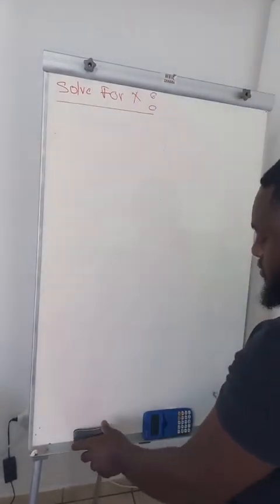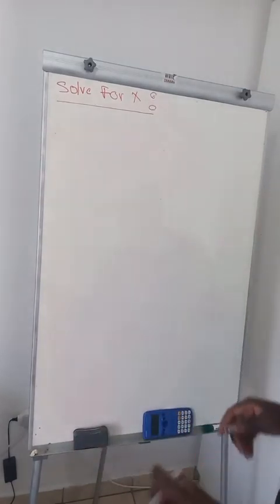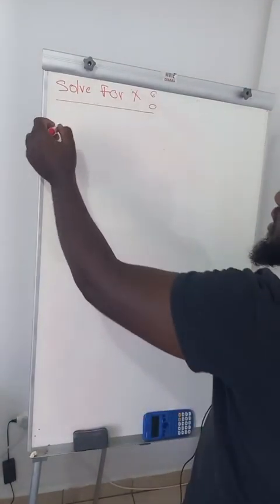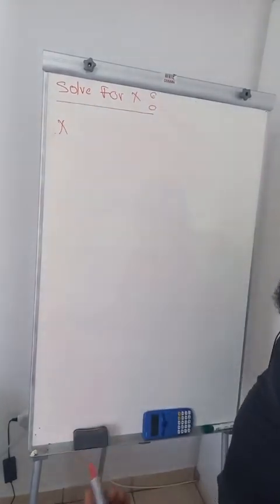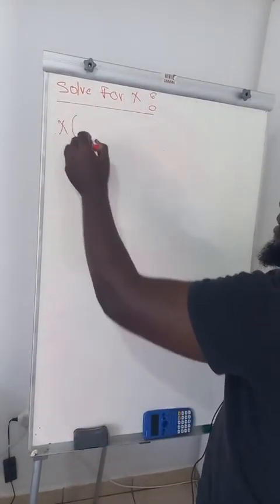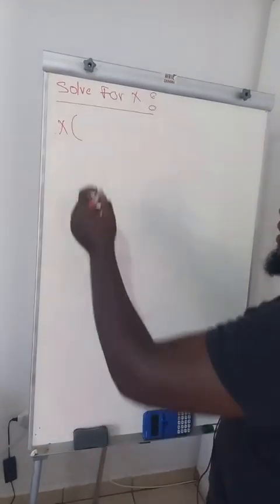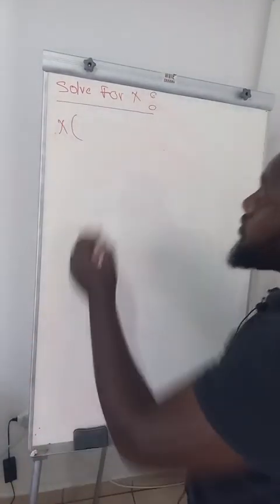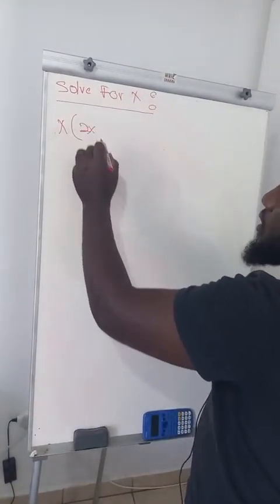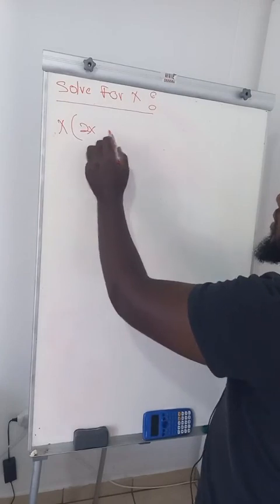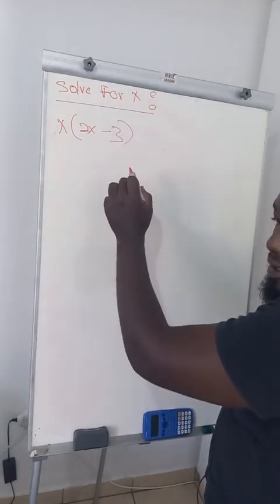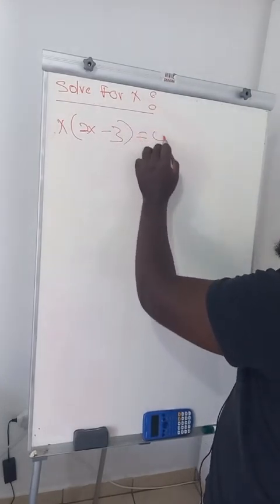So now, you might be given a question like this again. I'll start with things which are much easier so that at least you can get what is happening. So you'll have 2x, and then the other one is minus 3, and then is equal to 4.